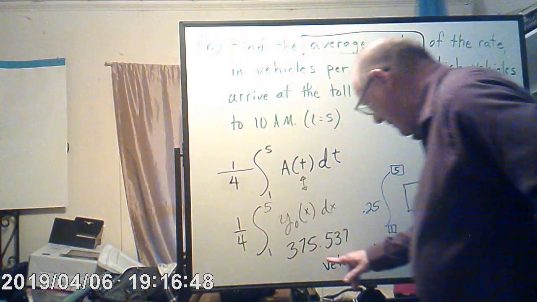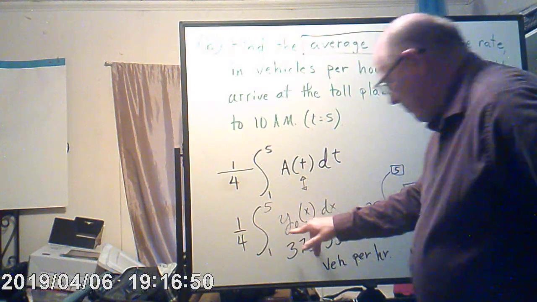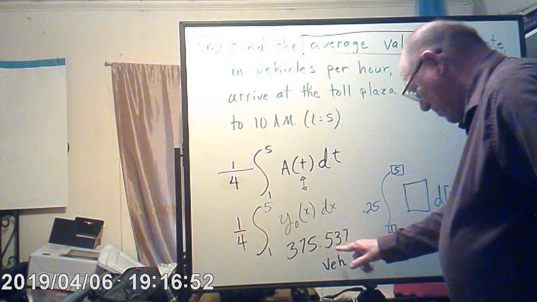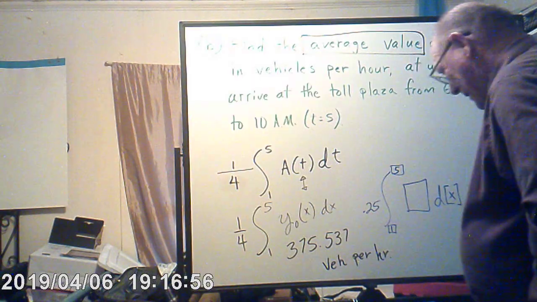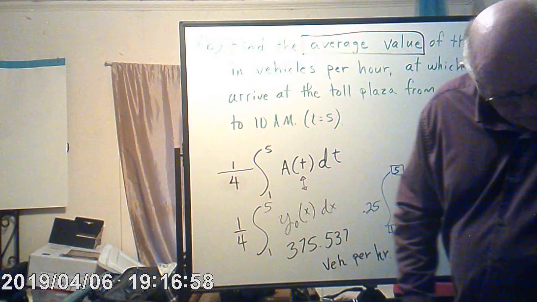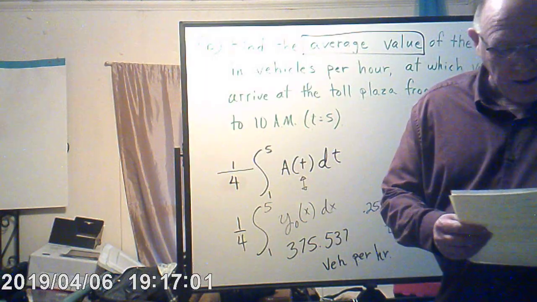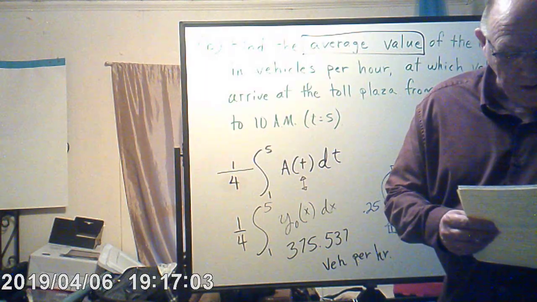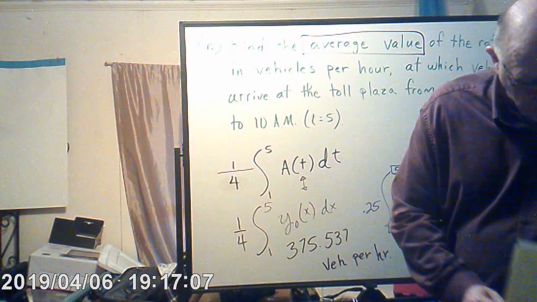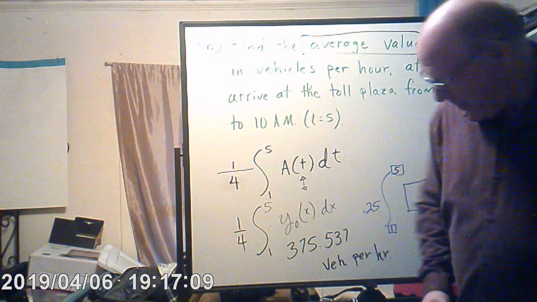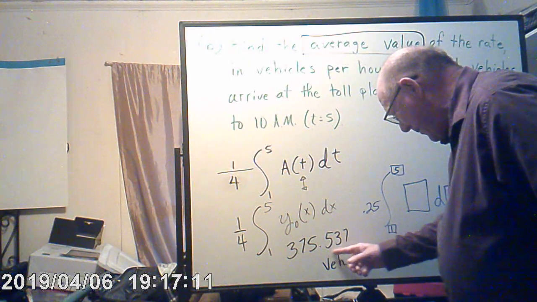Needless to say, this is the correct procedure. I do believe you have to take it out to 3 decimal places. Vehicles per hour, and I imagine you might get away with just 375, since you don't have 0.537 vehicles.